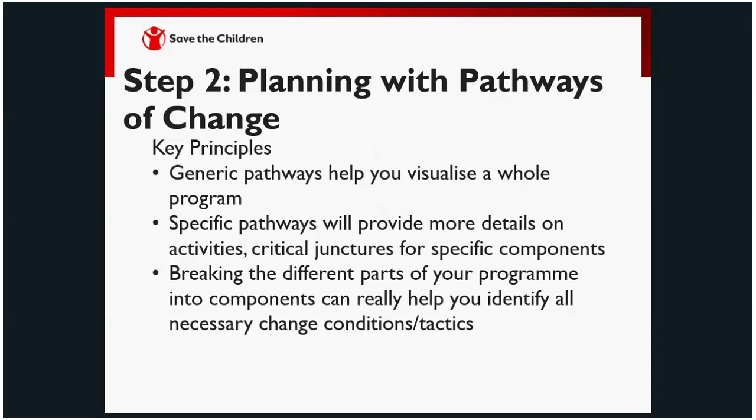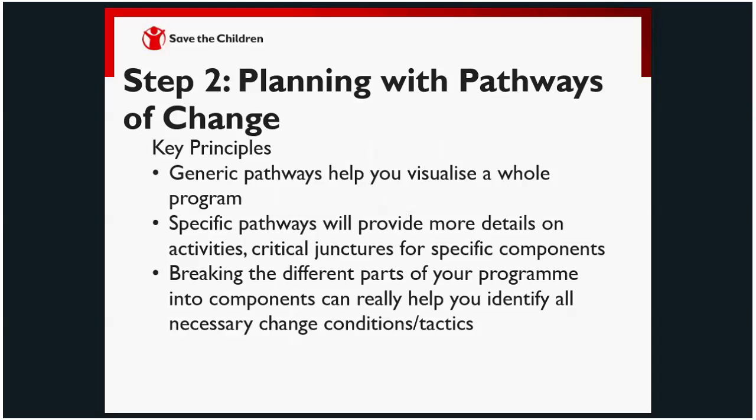Then you could also have specific pathways, depending on how detailed you would want to be. A specific pathway, for instance, could be how a different actor changes, or a pathway for children achieving something, or a pathway for civil society's capacity being strengthened and them doing something. So there could be a specific pathway for the different actors that are involved. And what also helps with developing a pathway of change is breaking the different parts of your program into components.